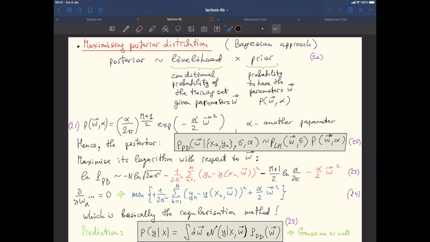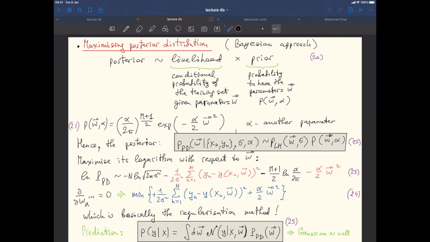So the posterior distribution, the total distribution of having the parameters which satisfy best the training set, is given as a product of the two, the prior and the likelihood. And this is basically a product of two Gaussians.